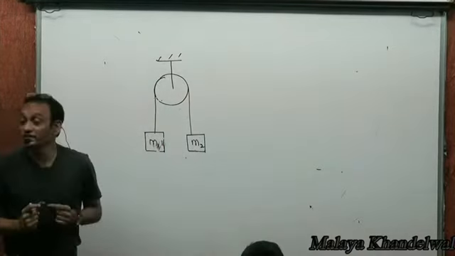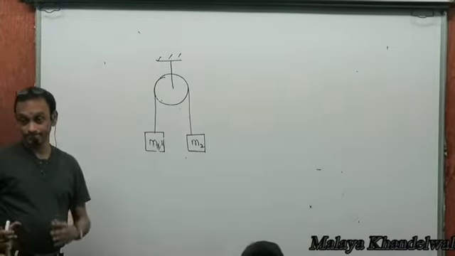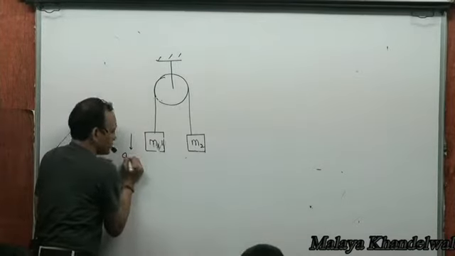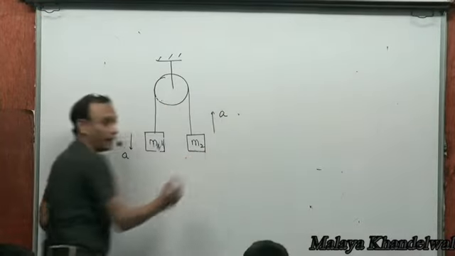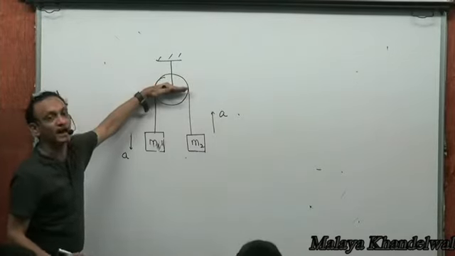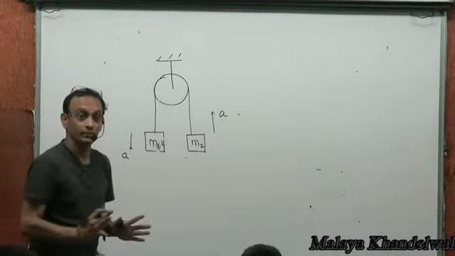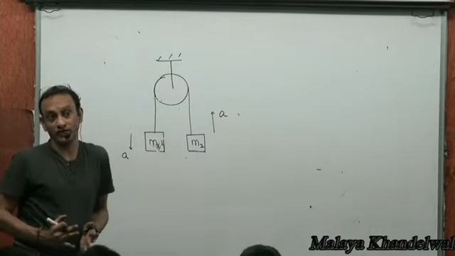And without involving the tension, if I want to be able to find the acceleration of the system. See, one thing for sure, if M1 has an acceleration a downwards, like we saw in the earlier class, M2 would have an acceleration a upwards. And they must have the same acceleration in a simple situation of this kind for the sake of inextensibility of the string, right?